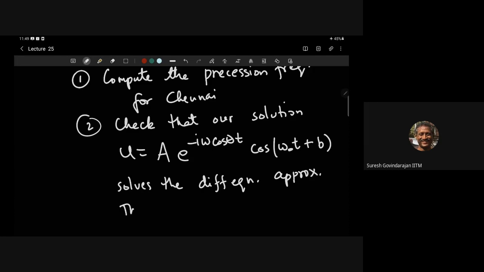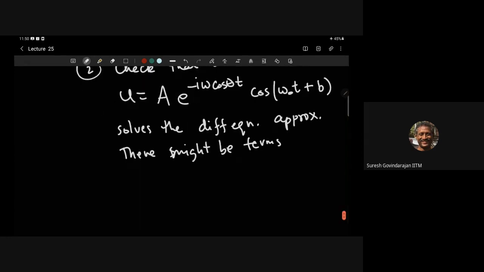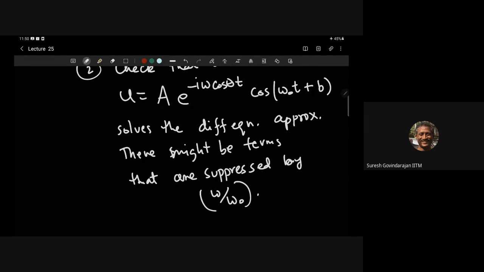There might be terms that are suppressed by some small number like omega by omega naught. So check this. Is this clear what I'm saying?